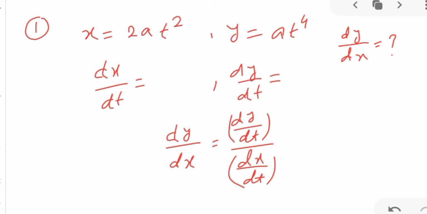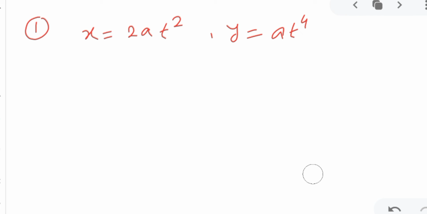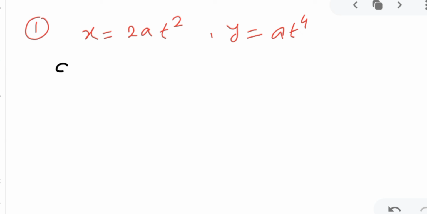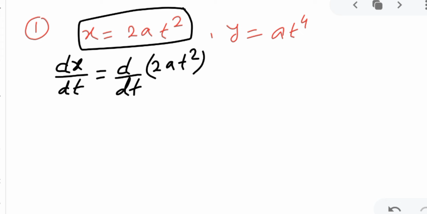Now I will start solving this question. First I will find dx upon dt. So d upon dt of x, and I will replace x with 2at square. Here 2a is constant, so I will take the constant part outside using the derivative rules.